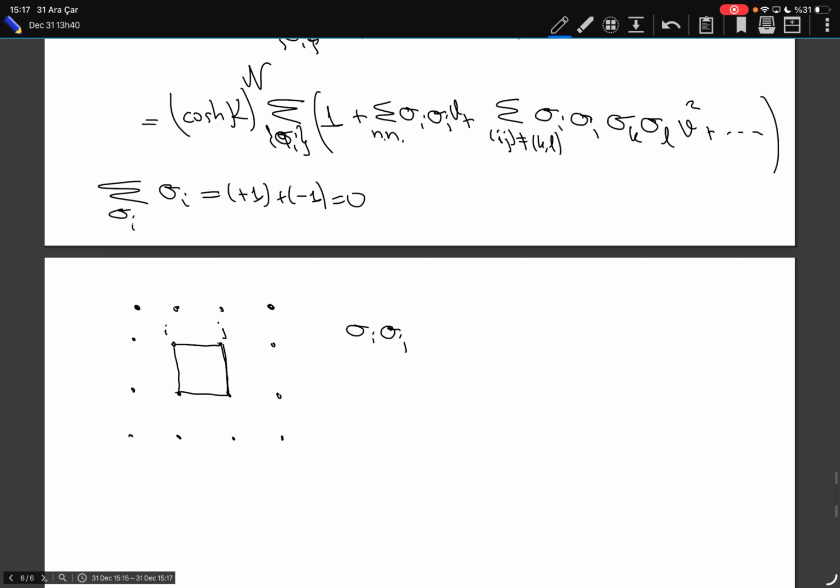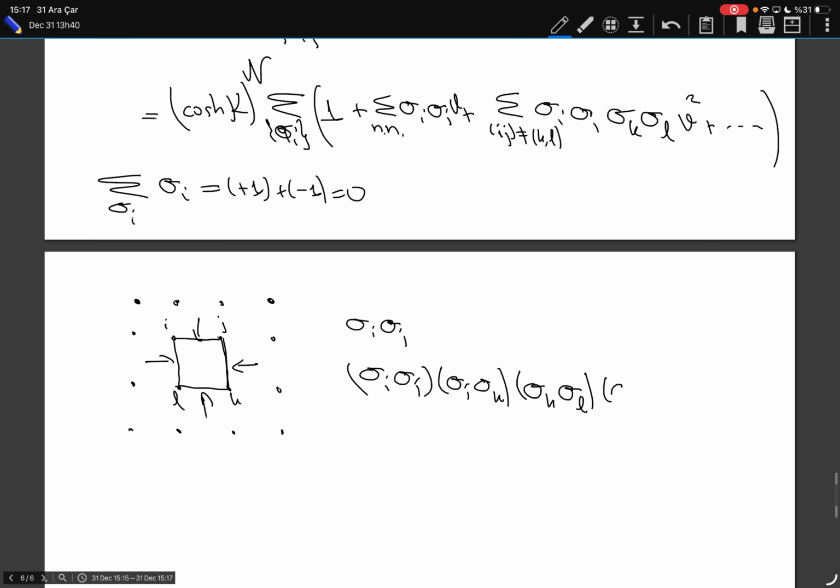This will give me a non-zero contribution because all the sigmas appear twice. I say i, j, k, l. This term corresponds to sigma i, sigma j from this link. This link brings me sigma j, sigma k. This link brings sigma k, sigma l. And this link brings sigma l, sigma i. This is one contribution. How many links do I have? 4 of them.